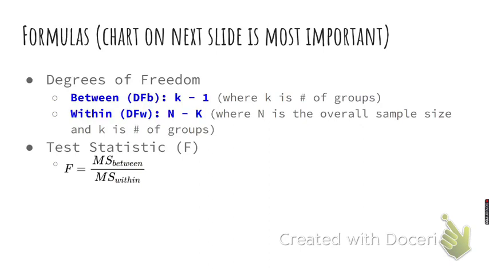Okay, now it's going to get weird. Usually you would do this by hand or in R. They're going to set it all up in this nice little chart, which is nice. It's going to be kind of confusing because we're not going to do it the long way, the correct way.